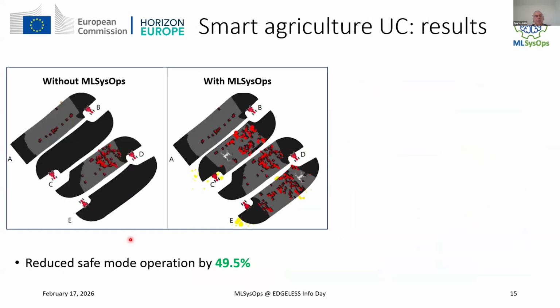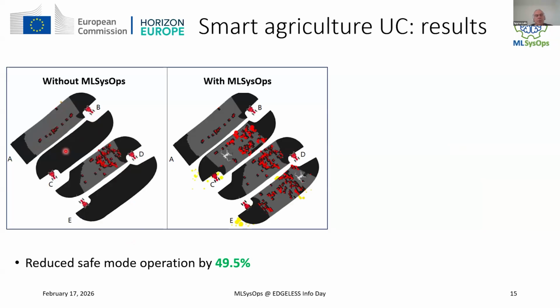The results were again quite satisfactory. Compared to the default case, with red you can see the region of the field where the tractor was able to detect weeds and perform spot spraying.